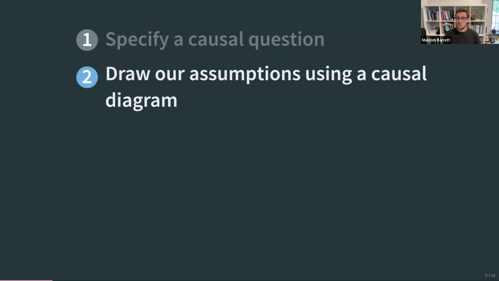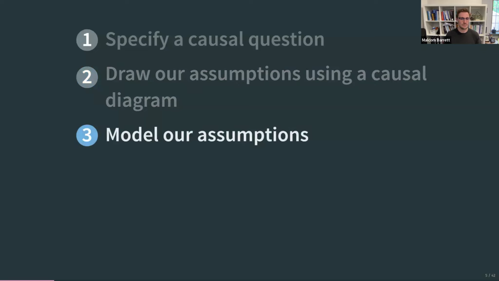Causal inference comes with a lot of assumptions in data that's not randomized. A lot of those assumptions we have no reason to believe are correct, and so we have to be very clear about what the assumptions are that we're making. And so we're going to use a particular technique called causal diagrams to draw some of those assumptions.